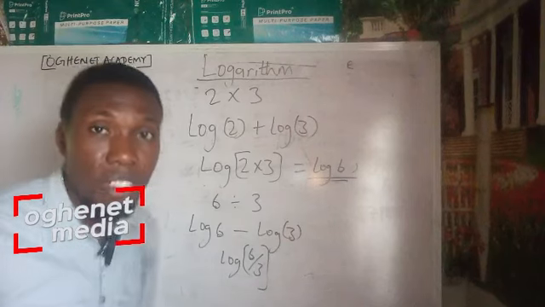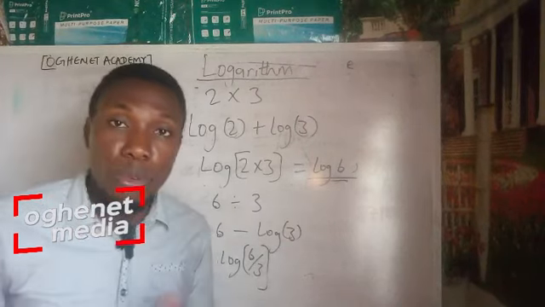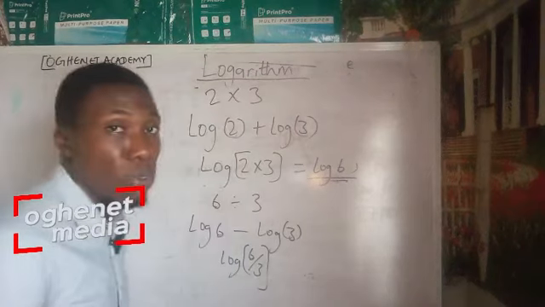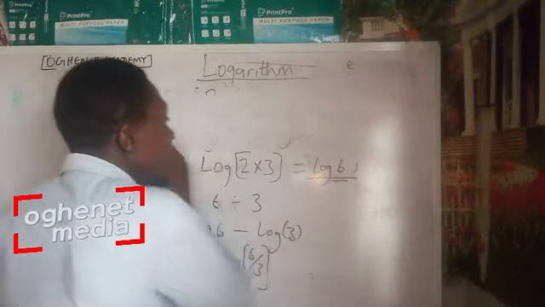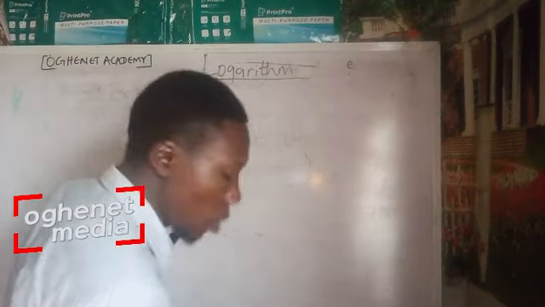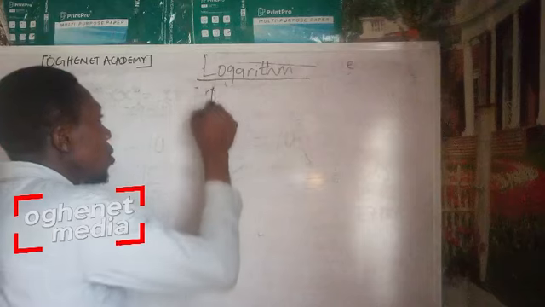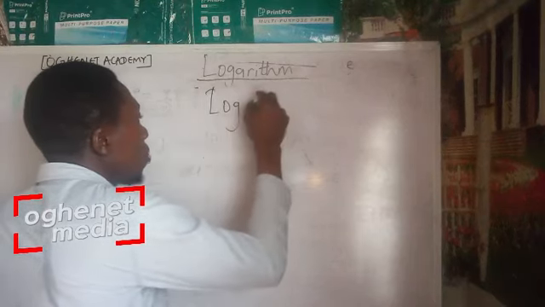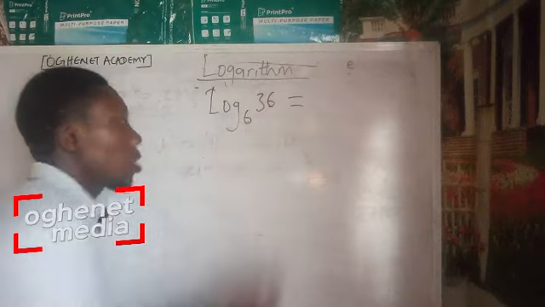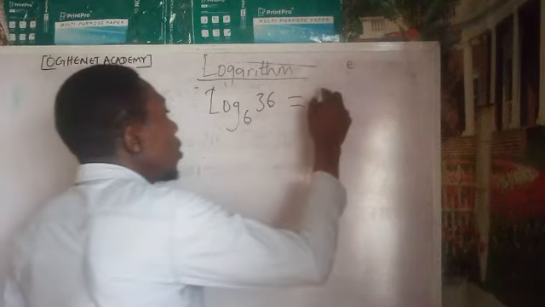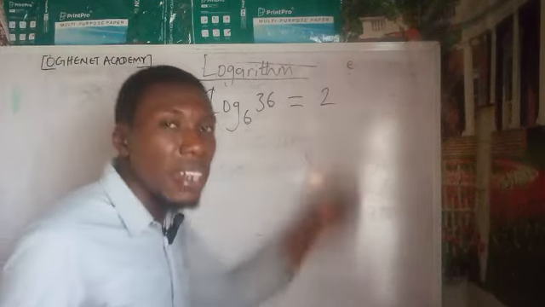Okay, so you can see why the slide rule was a very important tool back then, because of these rules of logarithm. Okay, so meaning that you can have something like log 6 of 36, and you can guess the answer. Okay, the answer will actually be 2. Why?